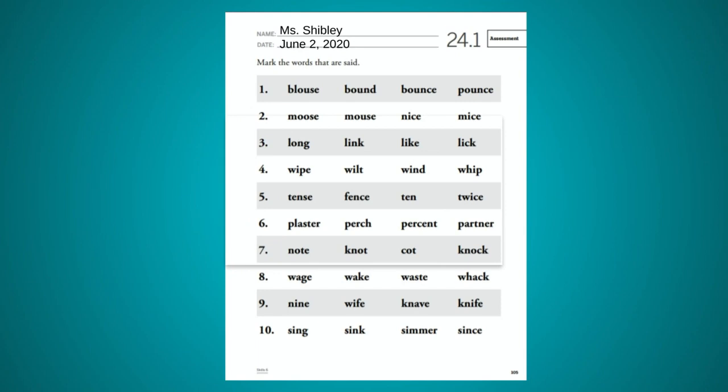Number 7, and if you need to, you can pause the video. Number 7, not. Again, that word is not. Number 8, our word is wake. Which word shows us wake?